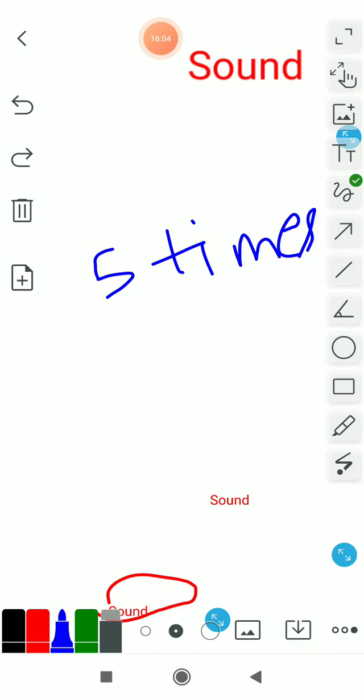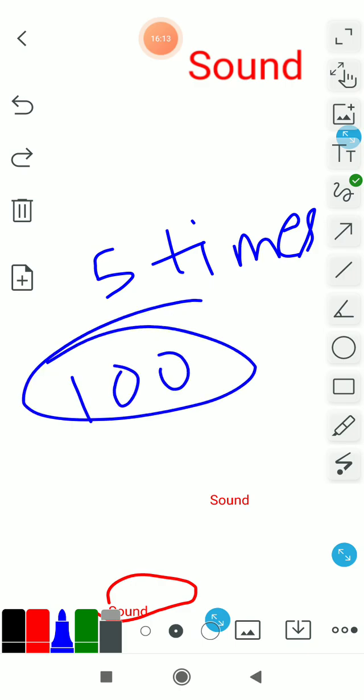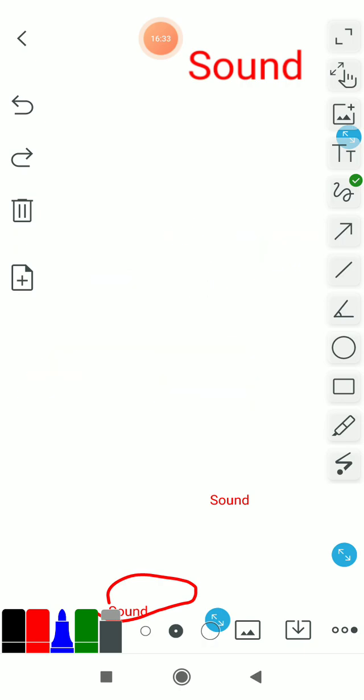But in 1 second, the mosquito is vibrating its wings more than 5 times, maybe nearly 100. So whose vibration is more? The mosquito's, because in the same 1 second, you vibrate your hand 5 times, but the mosquito oscillates its wings 100 times. That means whose frequency is more? Mosquito. So that's frequency, and its unit will be hertz.